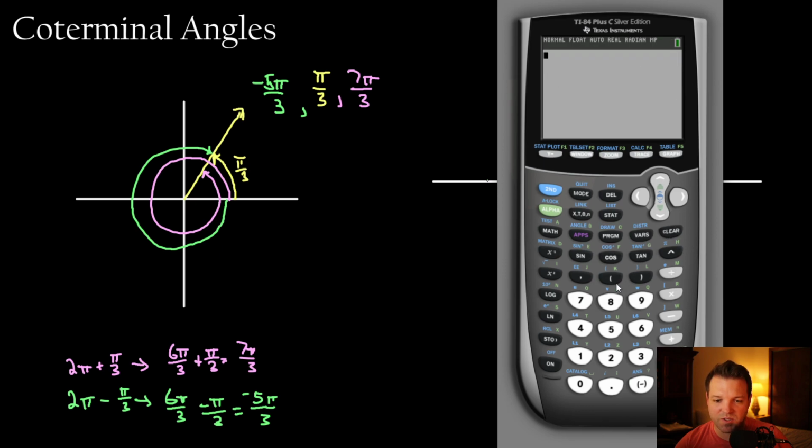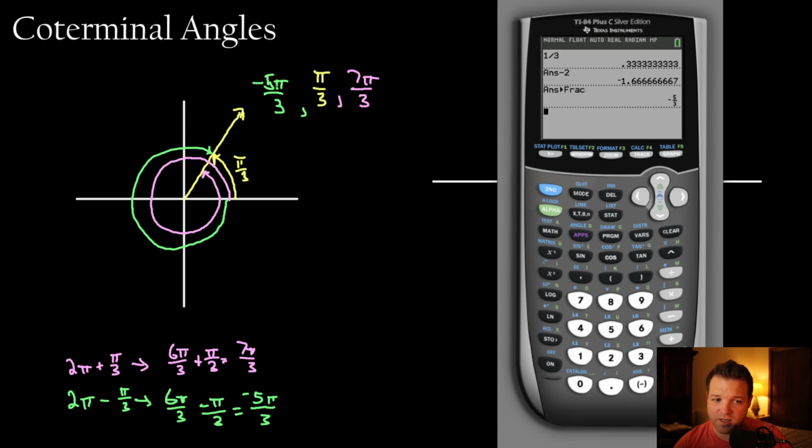Let's go with the opposite direction again. So I'm going to do 1 divided by 3, hit enter for 1/3 pi, or pi over 3. And now I'm going to subtract off. I'm going to go the opposite direction by a full rotation of 2 pi. So I'm going to subtract 2. And I'm going to do a math frac. And there we go.